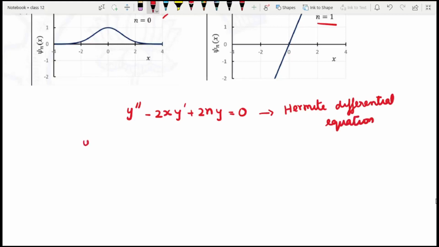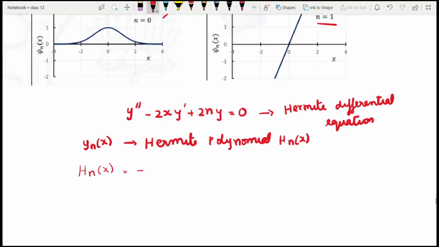And the solution yn of x is nothing but the Hermite polynomial Hn of x, and Hn of x is given by minus 1 the whole power n e power x square d by dx power n of e power minus x square. Right, this is the Hermite polynomial.